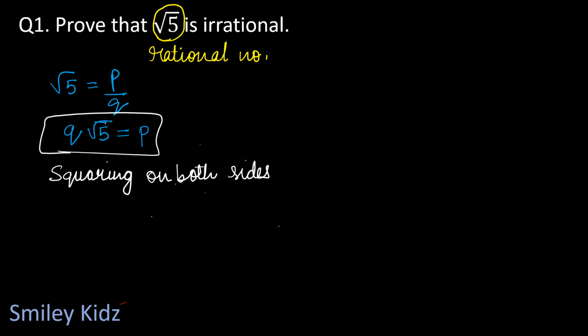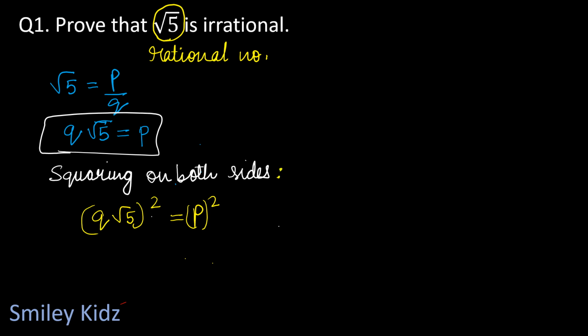Squaring on both sides means that both the LHS and RHS of the equation must be squared. That means Q root 5 whole square is equal to P whole square.